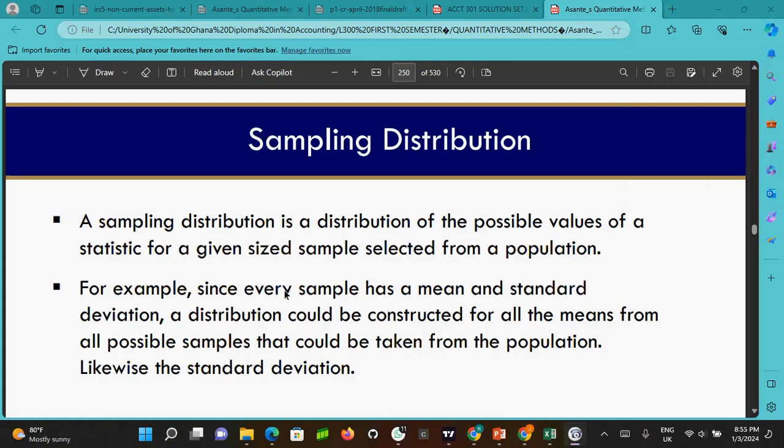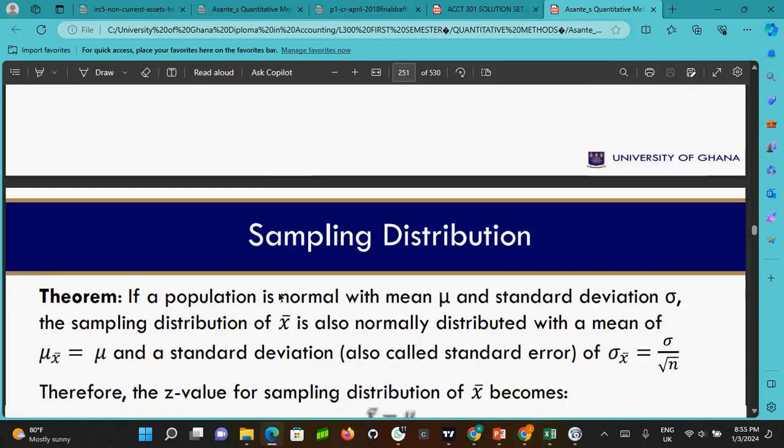For example, since every sample has a mean and a standard deviation, a distribution could be constructed from all the means from all possible samples that could be taken from the population. Likewise, the standard deviation. The same way that we did for the normal distribution, where we constructed the sample mean minus the mean, we can also do here.